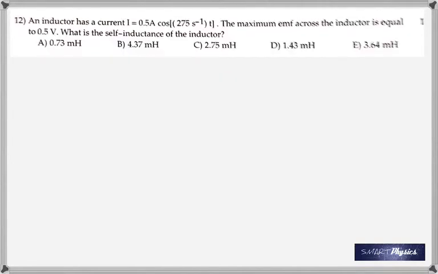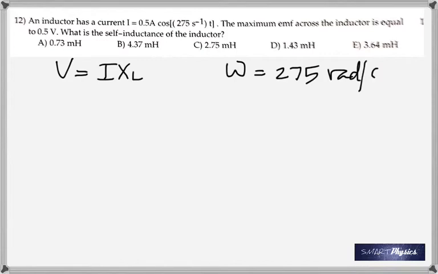An inductor has a current given by that equation right there, and the maximum EMF across the inductor is equal to 0.5 volt. What is the self-inductance? Okay, voltage is the product of current and inductive reactance. That's just Ohm's law. But omega is 275 radians per second.